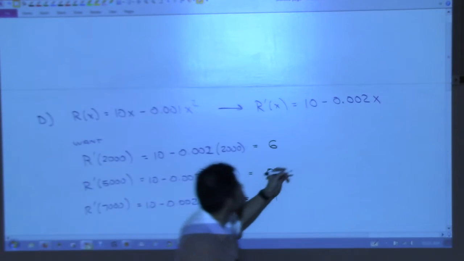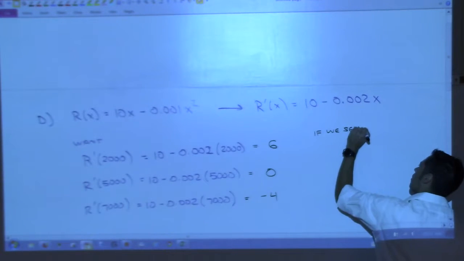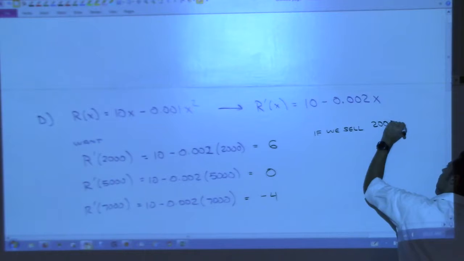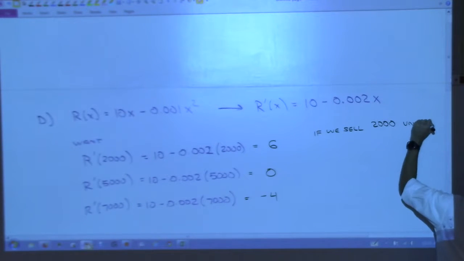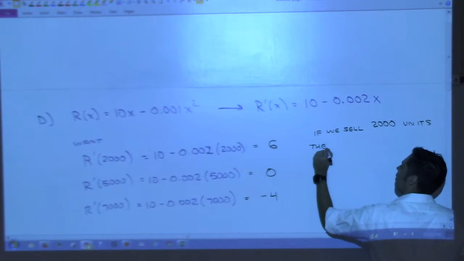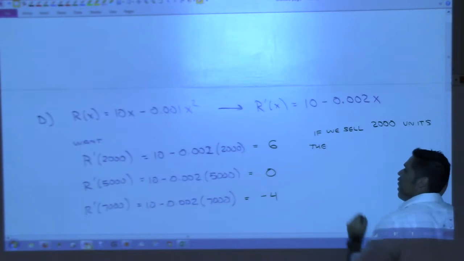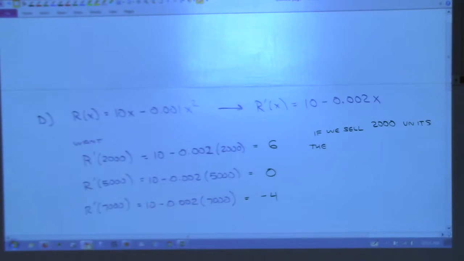Okay, I'm going to write that down. If we sell 2,000 units of MP3 players, or I'm just going to put units. If we sell 2,000 units, yes, it will be, but what does that mean?